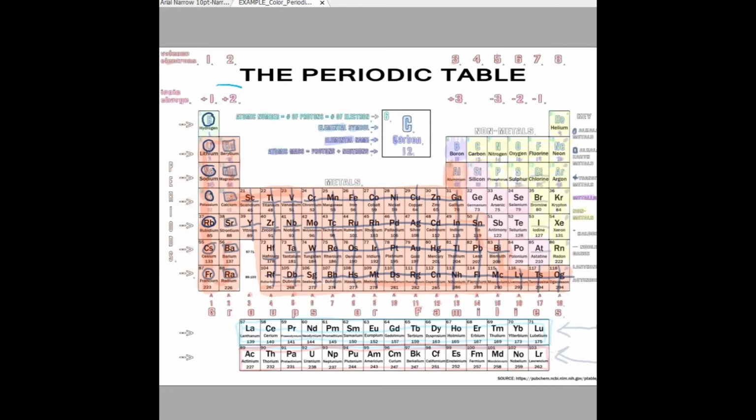If you look at the ionic charge, which is below the words on the periodic table, you have +1 above the first group, +2 above the second group, +3 above the third group, -1 above the fluorine group, the 17th group, -2 above the oxygen group, the 16th group, and -3 above the 15th group.